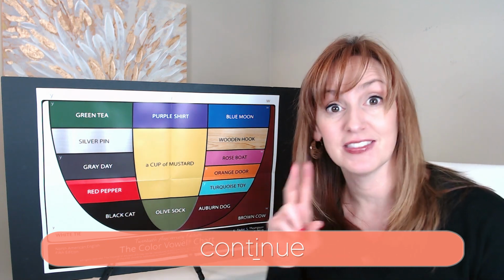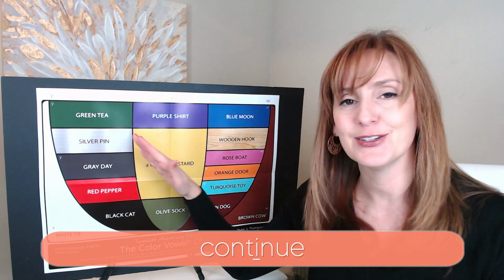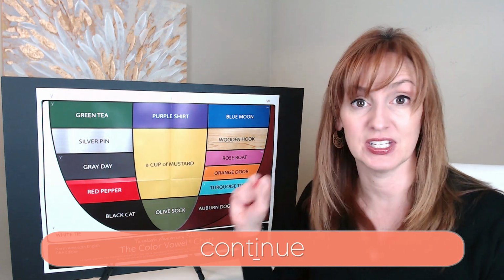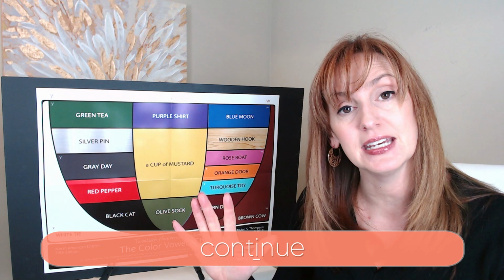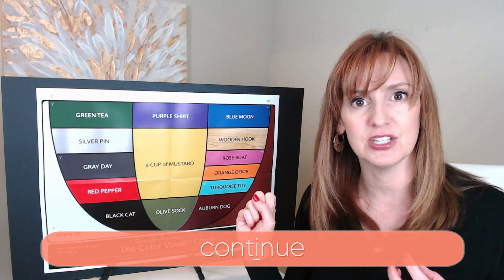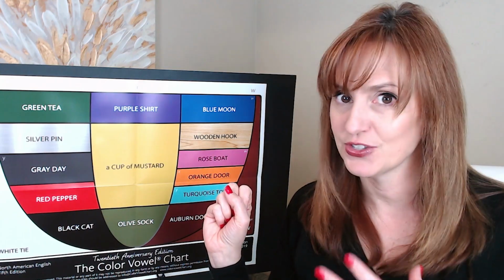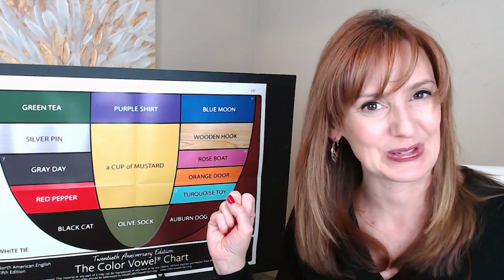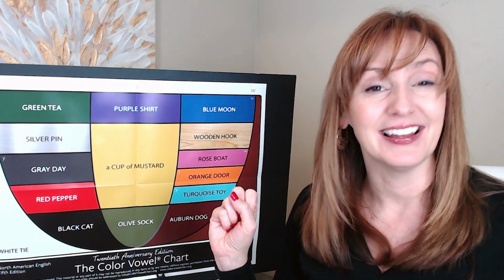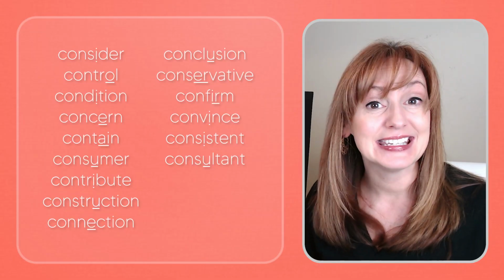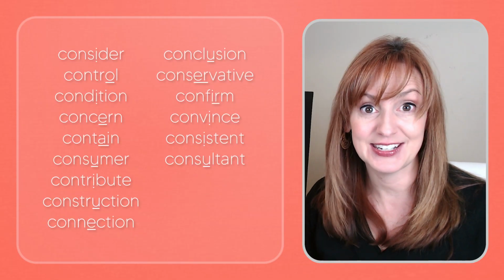Here our stress is on the second syllable and the silver pen I sound. Continue. And that first syllable is super quick. You'll also hear that super quick reduced syllable in other words like these. Try these with me. Consider.